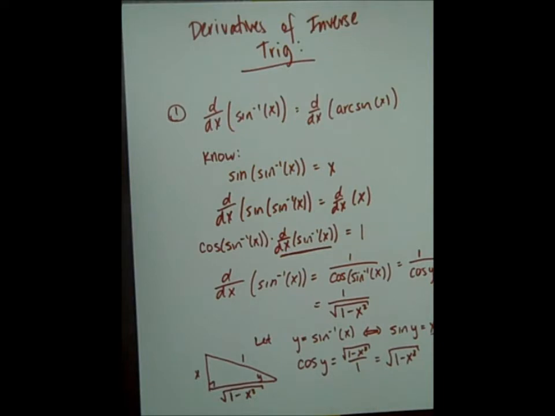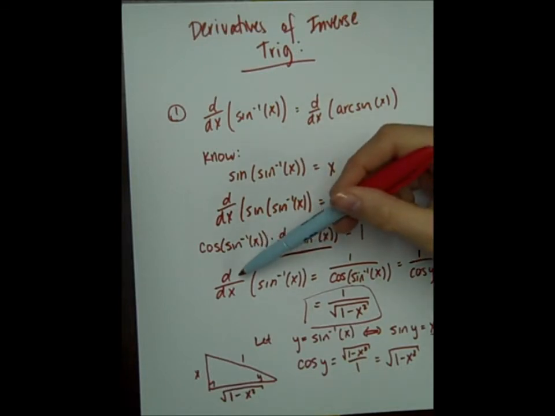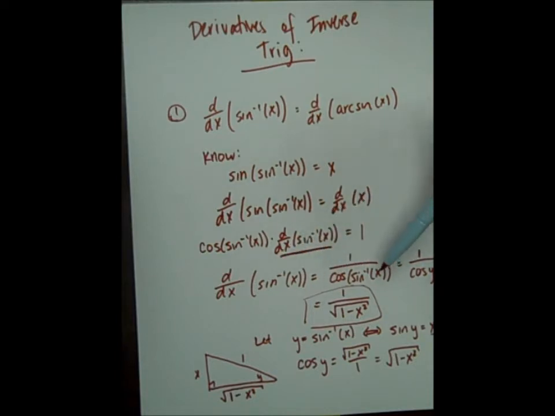Now this is the equation that we're going to use. So I'll write this on the next page. But what we did was use what we know about the inverse. We know that sine of sine inverse is x, took the derivative, used the chain rule on the left hand side, and then solved for my derivative.